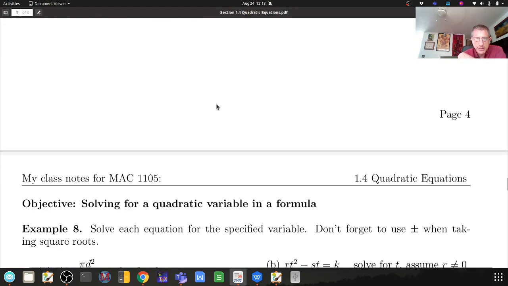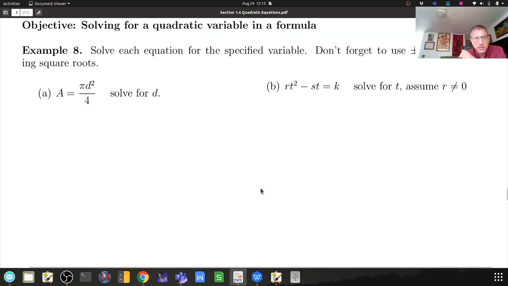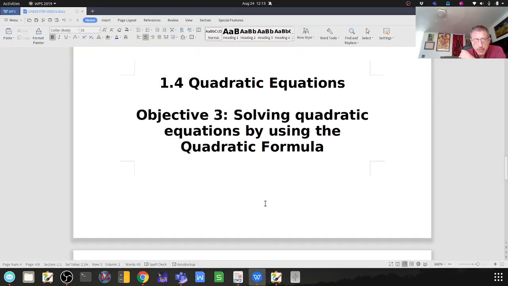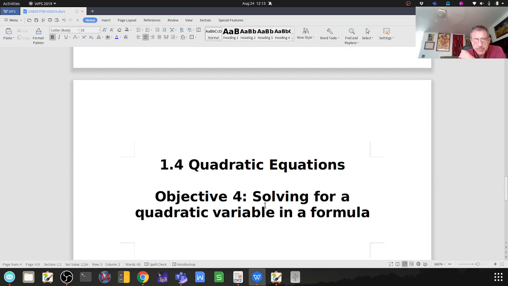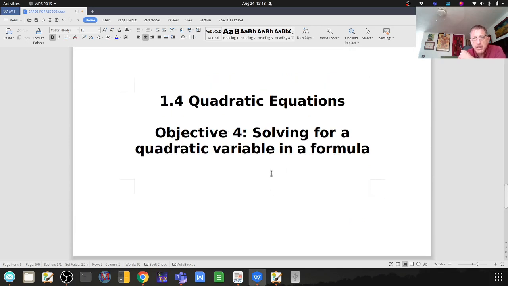Okay, what's our last thing? Oh, we're going to solve quadratic equations completely in general, but it's not too hard. We're solving formulas. We're solving for a quadratic variable given in a formula.